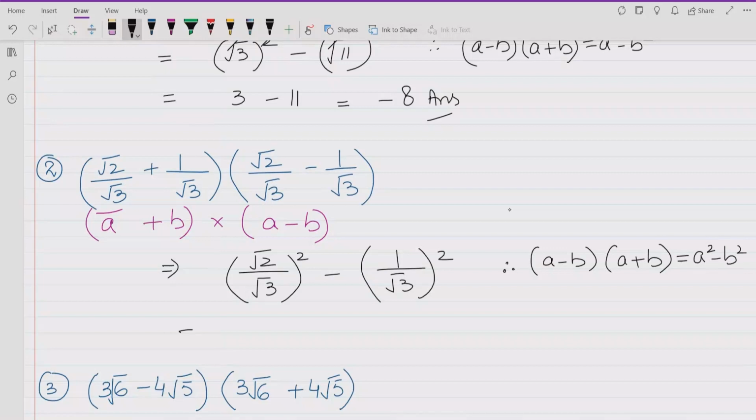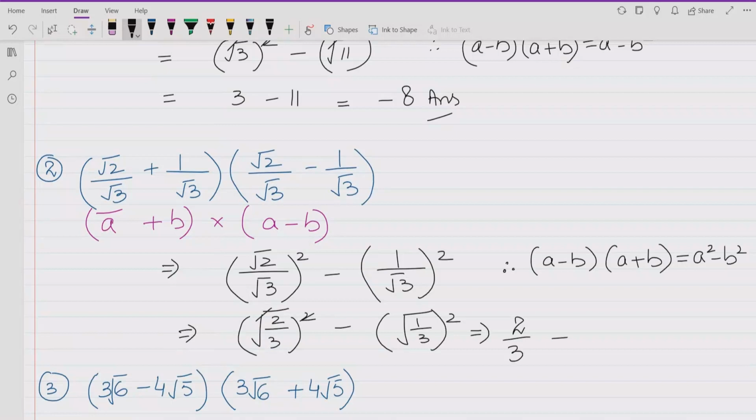Now we will solve it. We will do the division method here, the division of the third, like this way. We can simplify this one, and after that we get 2 upon 3 minus 1 upon 3.